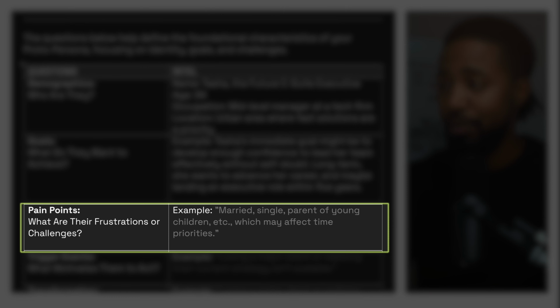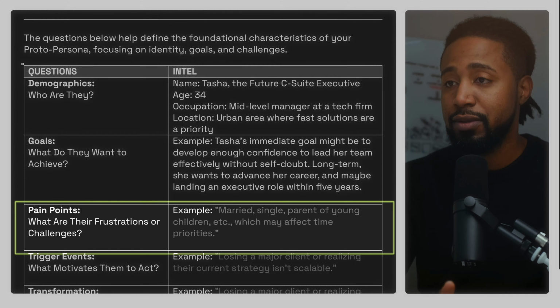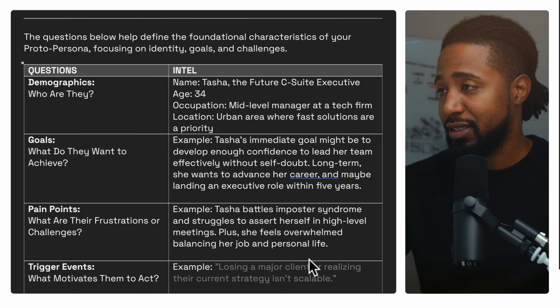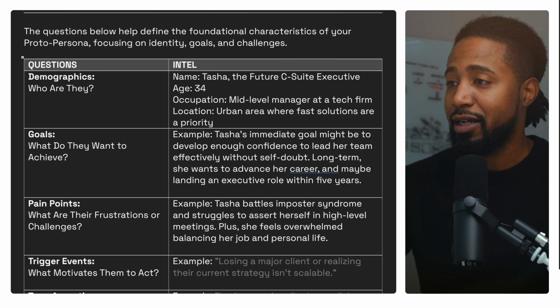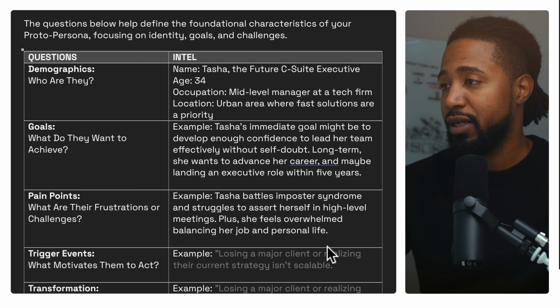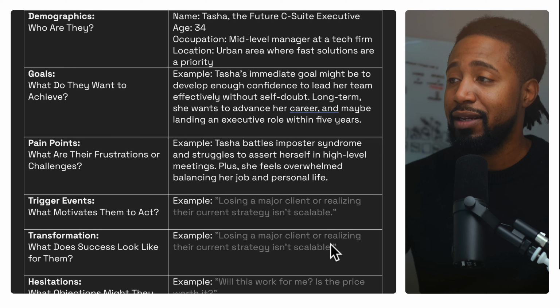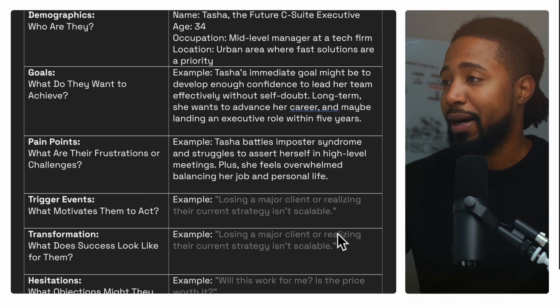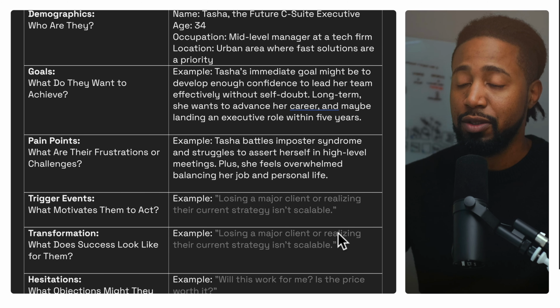Next is going to be pain points. And the question we want to answer here is, what are their frustrations and challenges? Understanding pain points is going to help you to position your solution as an answer to get around their biggest hurdles. So keeping that in mind, in Tasha's case, Tasha battles with imposter syndrome and struggles to assert herself in high-level meetings. Plus, she feels overwhelmed by balancing her job and personal life.